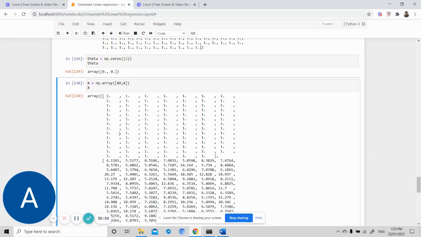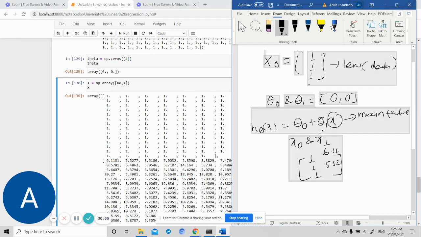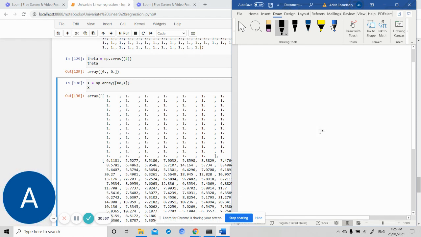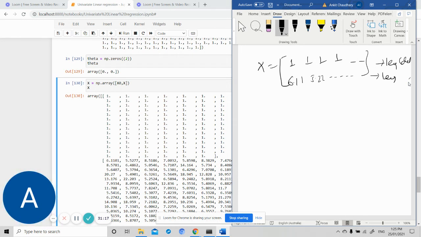So this is my one matrix. Till now, our x equals 1, 1, 1, 1 and so on up to the length of data, and another column is 6.1, 5.2, and so on up to the length of data.